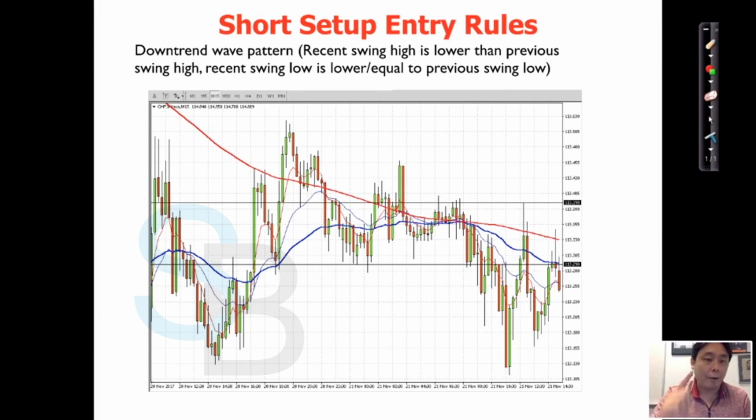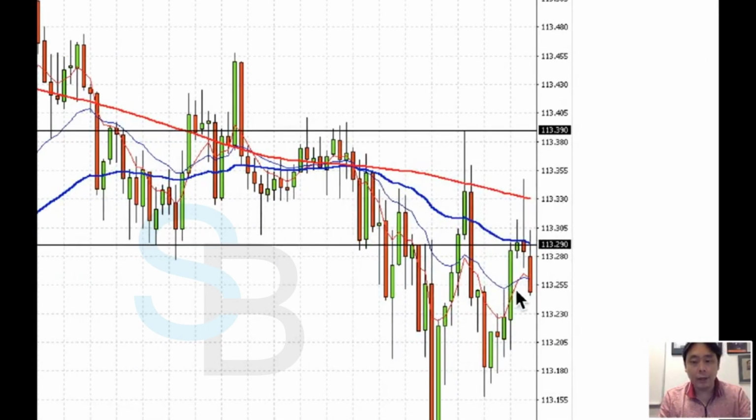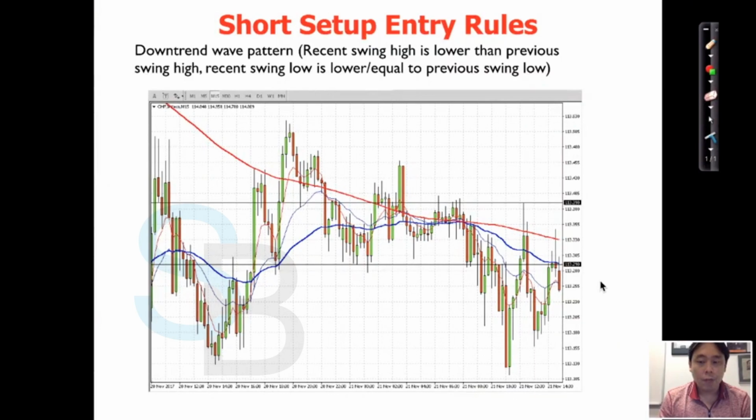Next example is franc yen. Again, look at the 50-minute candles. Are we on a clear downtrend? Yes, right? Over here, 18 below 50, 50 below 200. Clear downtrend. Was the 50 tested to be strong? Not really, right?